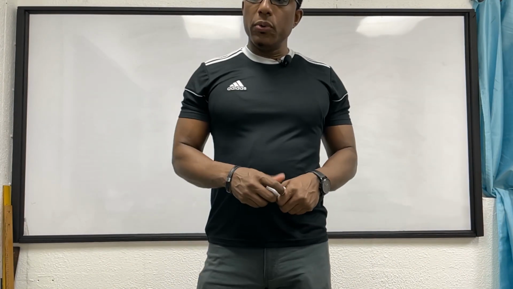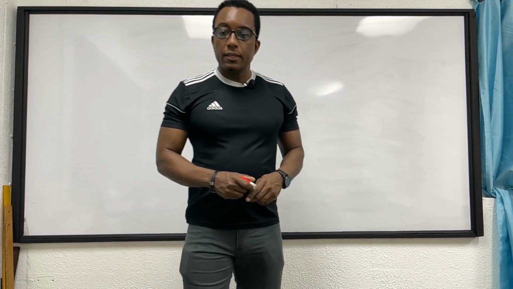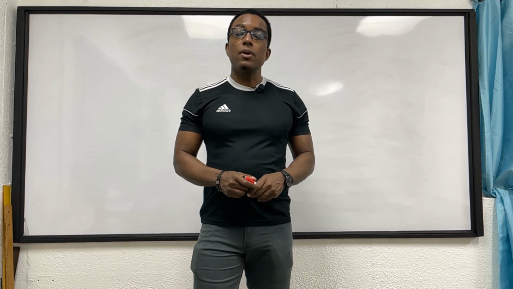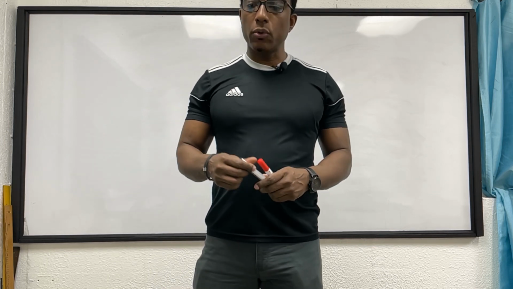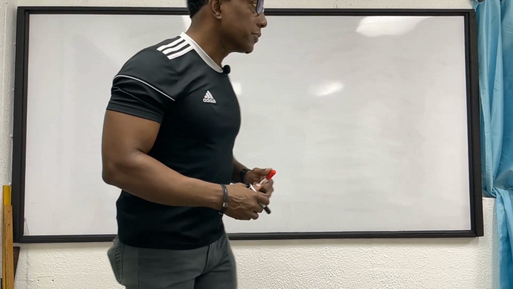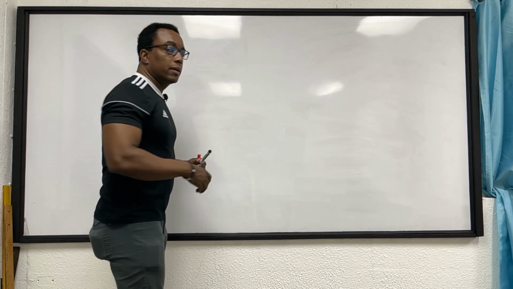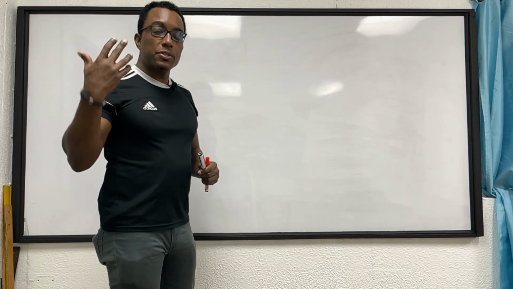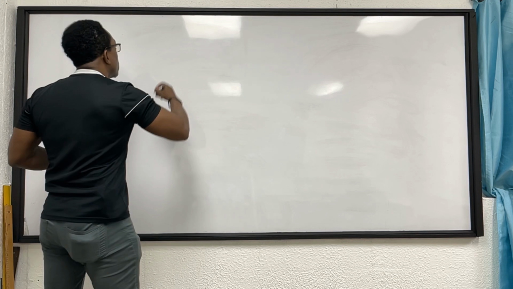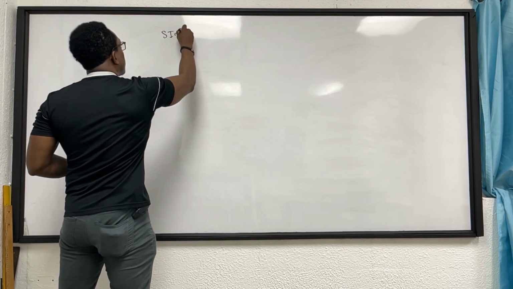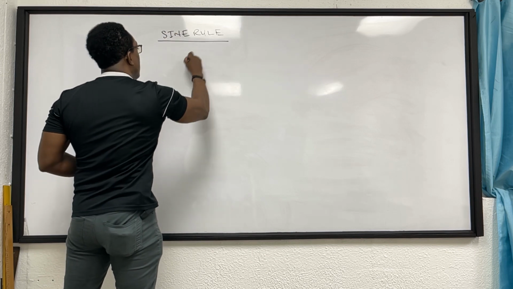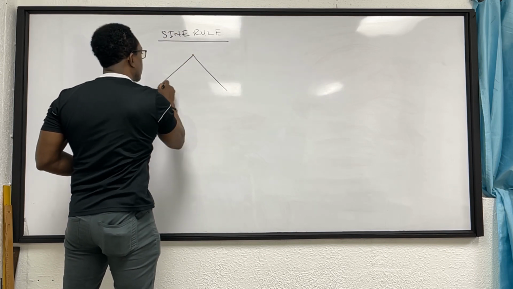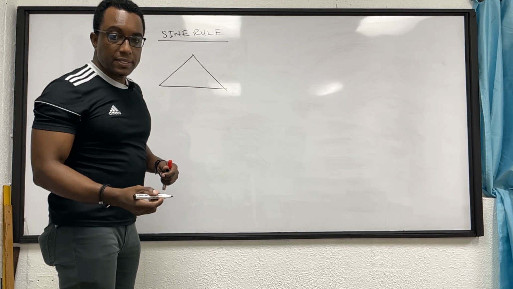Right, so what we're going to do is look at cases where the triangle is not right angle, and this is where we're going to apply what we call the sine rule and the cosine rule. So let's look first at a quick review of the sine and the cosine rule. So the sine rule, we have a triangle and that triangle is not right angled.